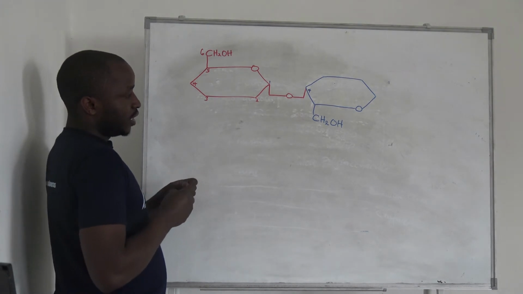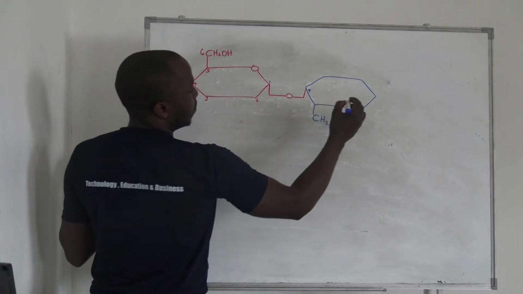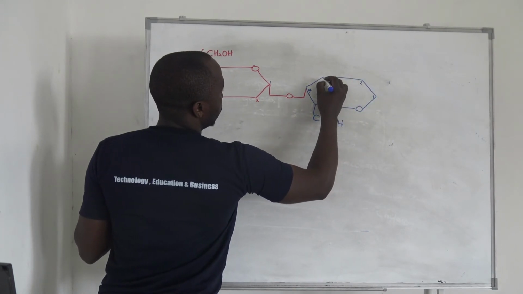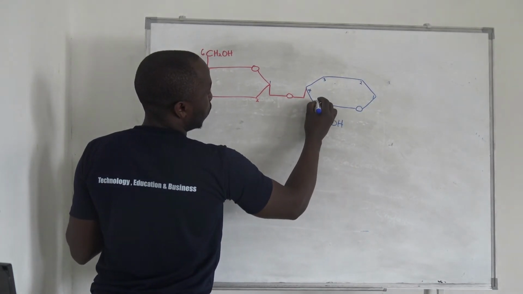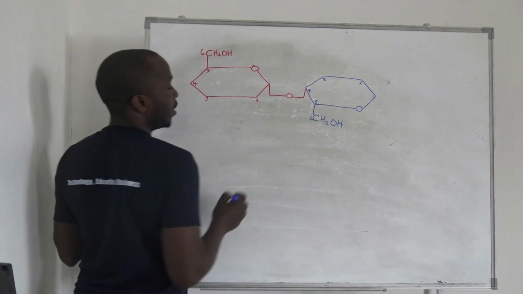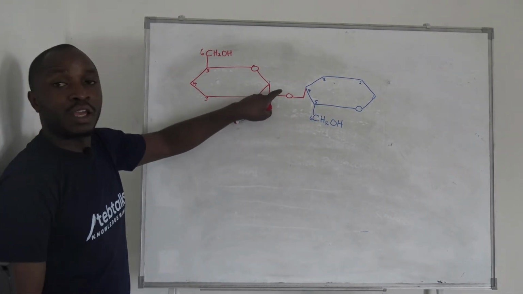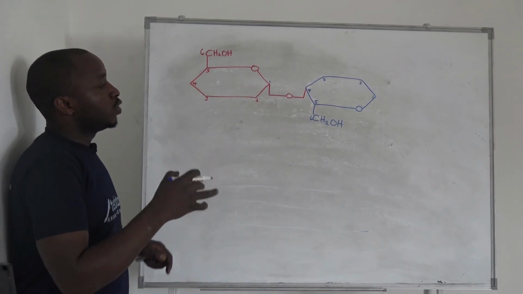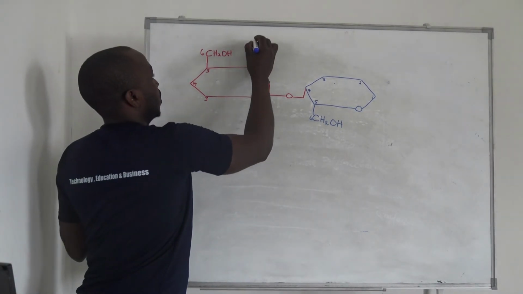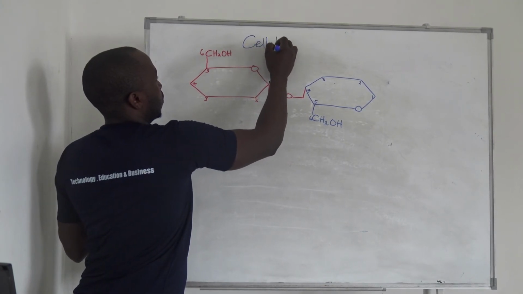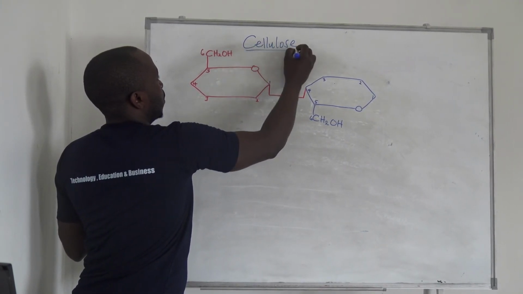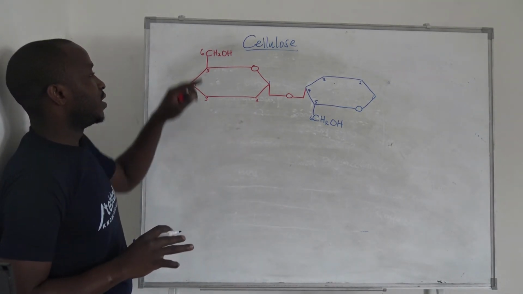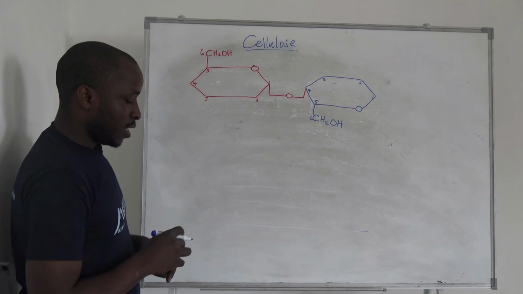The other side, this was our carbon atom number 1, 2, 3, 4, 5, and 6. So our 1,4 glycosidic bond is there. But the glucose molecules within cellulose are interchanged that way, that one faces upwards, another one faces downwards.